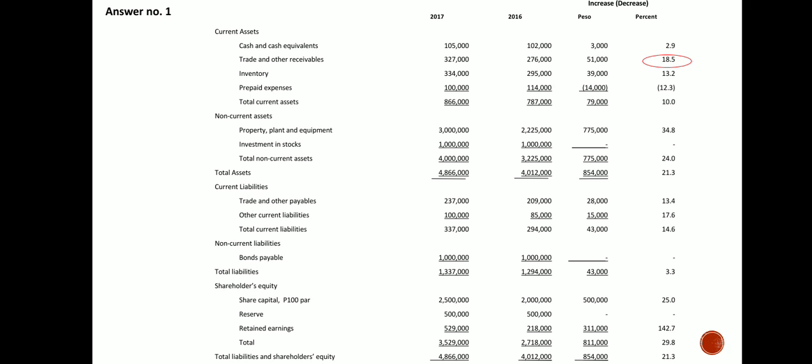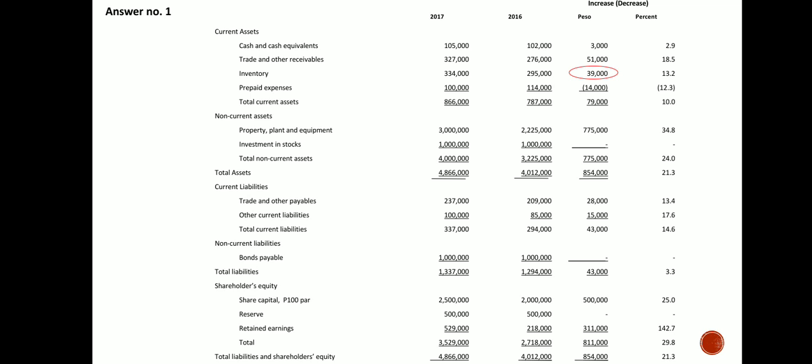Next, inventory. The inventory increased by 39,000, from 295,000 in 2016 to 334,000 in 2017. So 334,000 less 295,000 is a 39,000 increase.